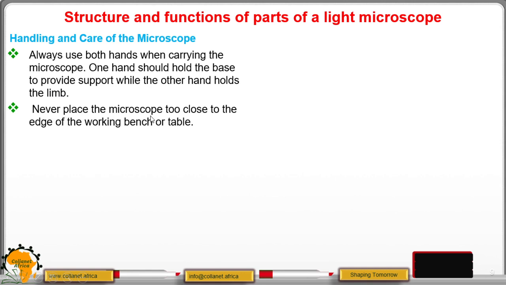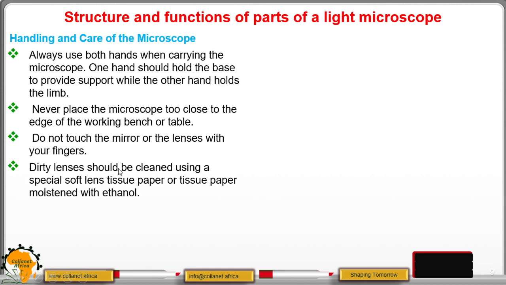Never place the microscope too close to the edge of the working bench or a table, because it is likely to fall down and break. Never touch the mirror or the lenses with your fingers.